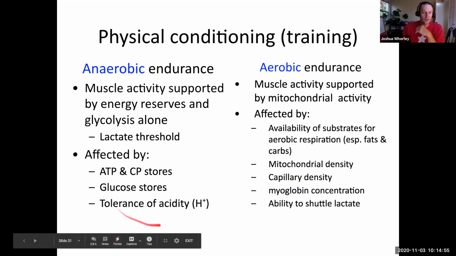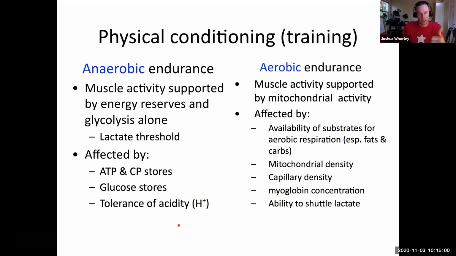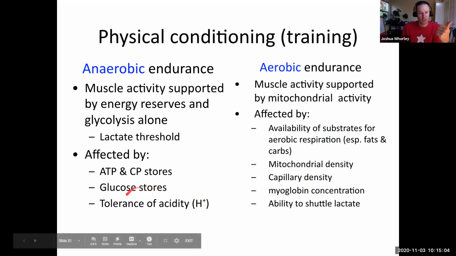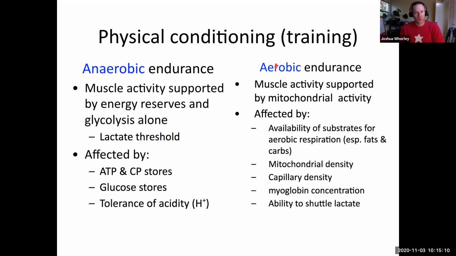And the other thing is you increase your production of your glycolytic enzymes, right? That's just the concentration of the glycolytic enzymes you have in the sarcoplasm. So these are all different changes that happen in response to aerobic endurance training and anaerobic training. Right. Okay, that was a long one.